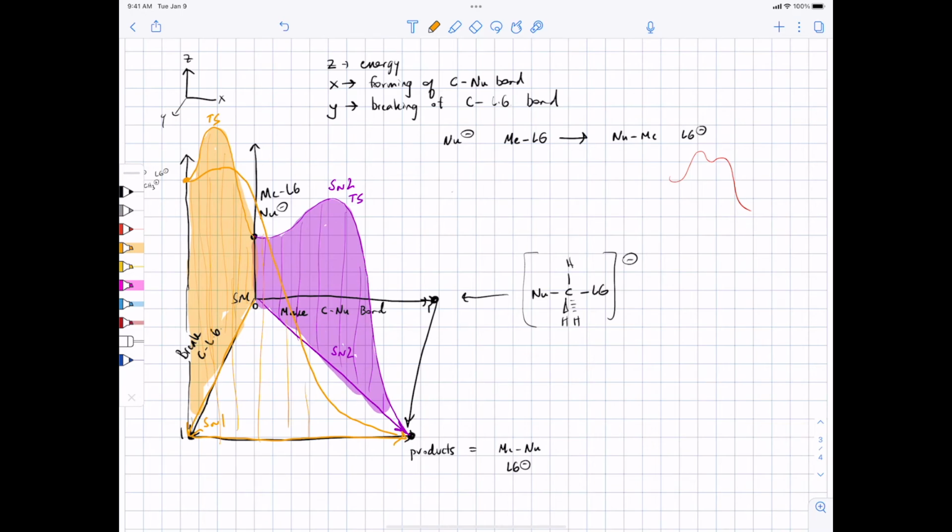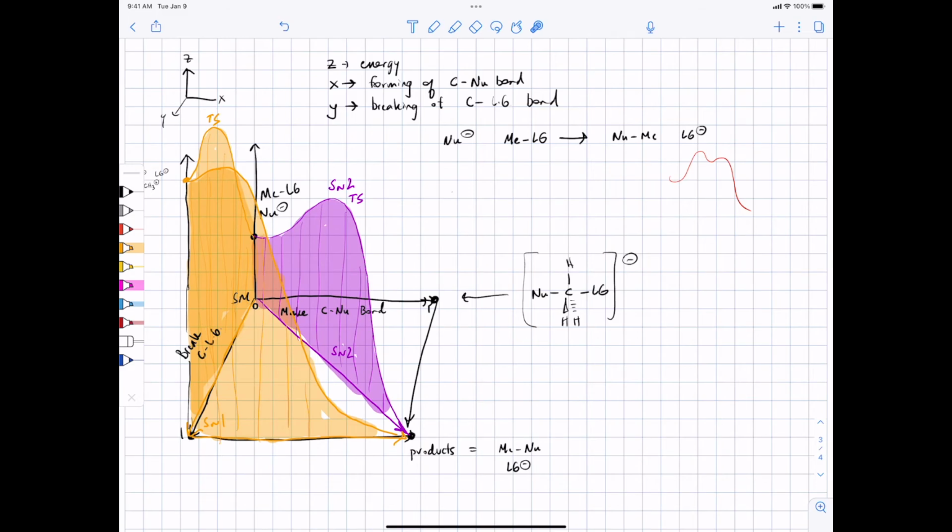And if we try to shade things to get an idea of what's in front and what we're looking at, we'll have something that looks like this. Okay, so this peak or this saddle point is the transition state for the second step, though that's not rate determining, and so we don't usually worry about it.